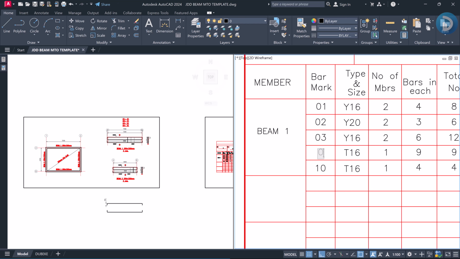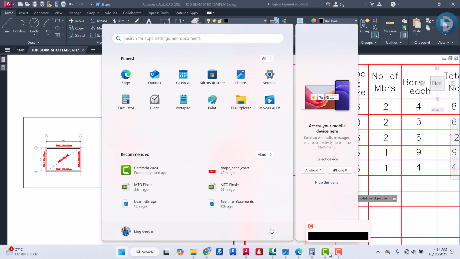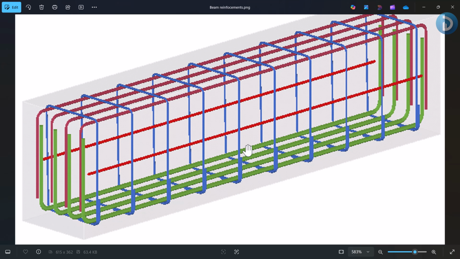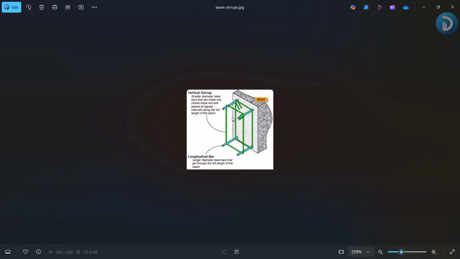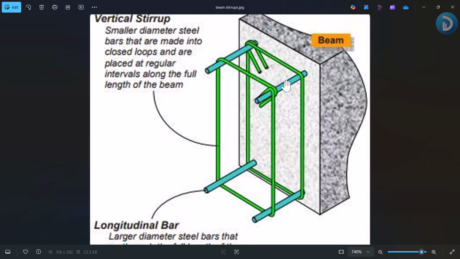So I'll change it to 04, which is our links. If you take a look at the picture of our links, as you can see over here, this is what a proper link should look like. We have this part as one side.